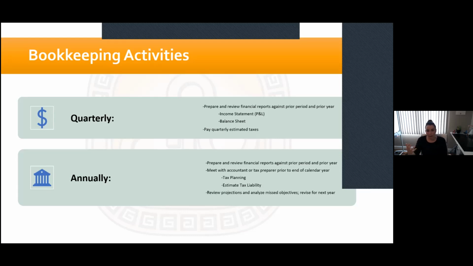And then you also, again, want to look and review your projections, what you thought you were going to do this year against what you've done in prior years. Now, I know that 2020 has been quite the year for everybody, and it's been difficult, and whatever we thought we were going to do going into this year, a lot of us probably haven't hit, and that's fine.